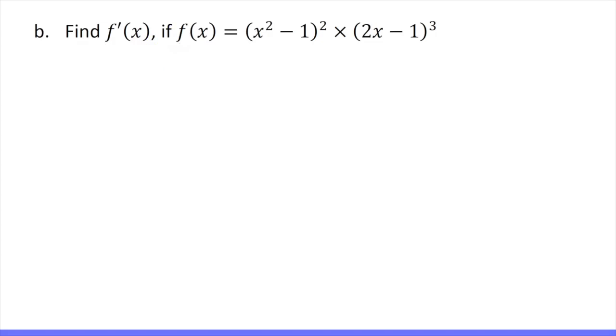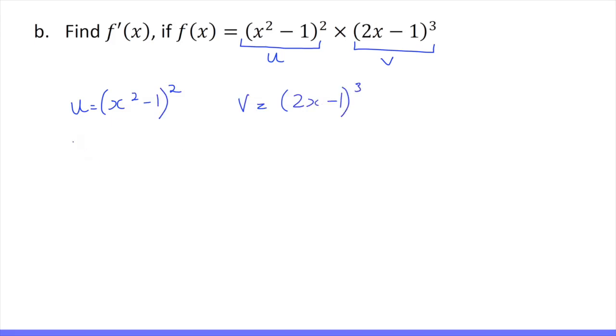B, find f dash of x if f of x is equal to (x squared minus 1) all squared times (2x minus 1) cubed. Now it's quite easy to see what is our u and our v in this case, so this one is clearly u, and this one here is v. So once again, let's set it up like a little table. So u is equal to (x squared minus 1) all squared, v is equal to (2x minus 1) cubed. Now let's find the derivatives. This is the chain rule here, so I'll take the 2 out the front.